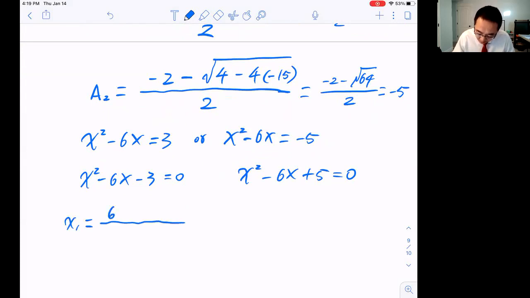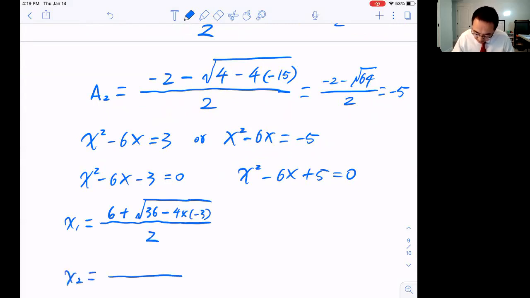Okay. Then if you do the quadratic equation, you can do x1 equals negative b, which is positive 6, plus the square root of b squared, which is 36, minus 4 times 1 times negative 3, divided by 2. X2 is negative b, which is positive 6, minus the square root of 36 minus 4 times negative 3, divided by 2.